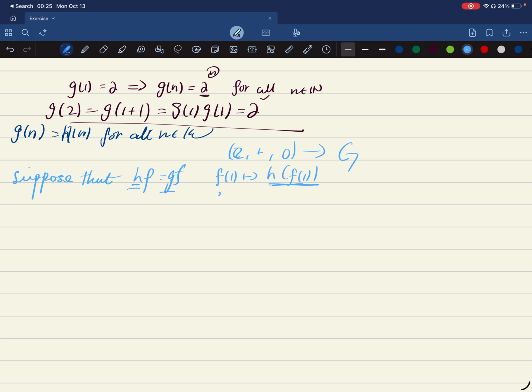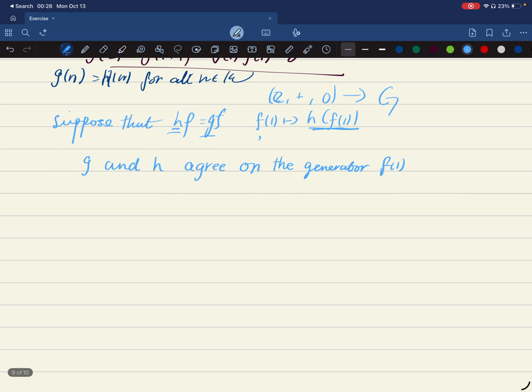Because this thing is unique, this is a unique group homomorphism, and because G and H agree on the generator f1, they agree everywhere else. So they agree everywhere else.